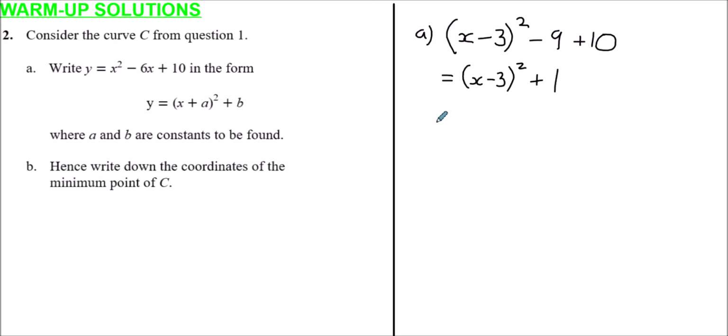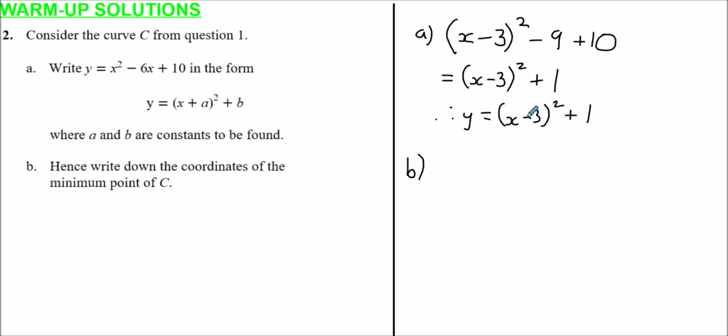So therefore we should have y equals x minus 3 squared plus 1. So our a is minus 3 and b is 1. So for part B, we're going to use this to write down the coordinates of the minimum point of C. Well, this is going to be a minimum when the thing in brackets, the squared term, is equal to 0.